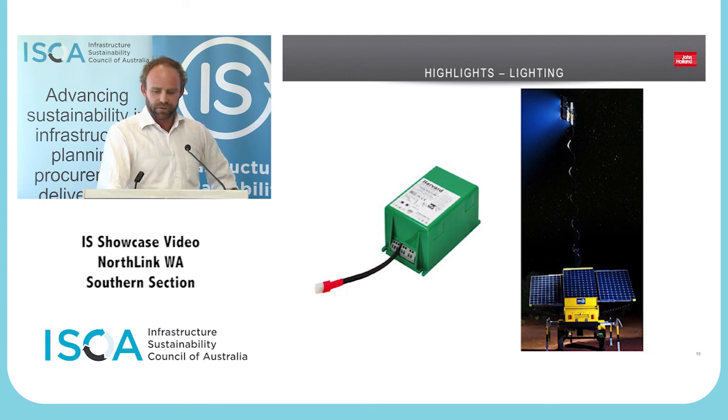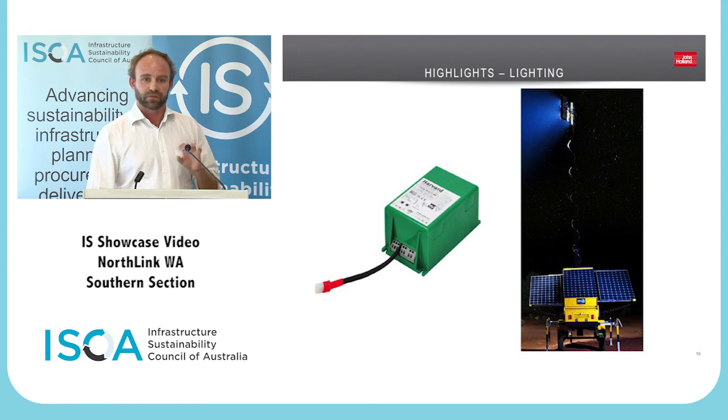Another example, where we were led to the water by Main Roads, was another initiative for something new called adaptive lighting. There's some technology you can put into lamps that stops them burning too bright, and that often happens when you put in new lights. They burn brighter than they need to and burn more electricity than they need to. This technology, called adaptive lighting, allows the supply of electricity to those lights to be metered, and the light only gets what it needs.